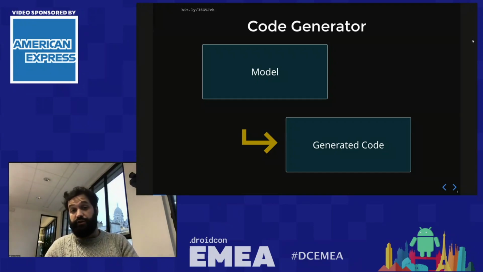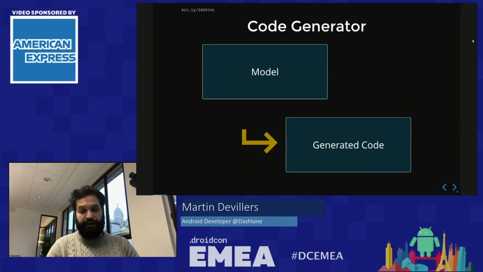So what is a code generator? A code generator is basically something that takes, let's call it a model, which is the source of truth. It's an abstract, structured representation of what you want to generate, and then it processes that and generates some code, and you're going to consume that code in the app. That generated code might be the implementation of an abstraction that's not generated.